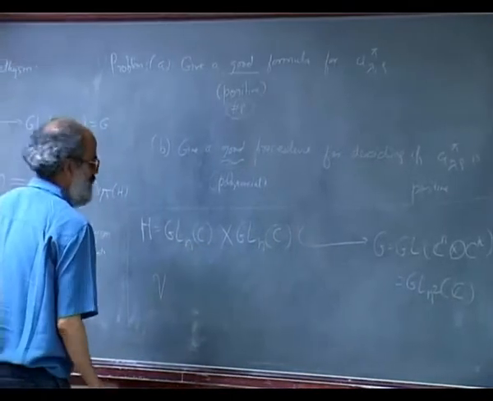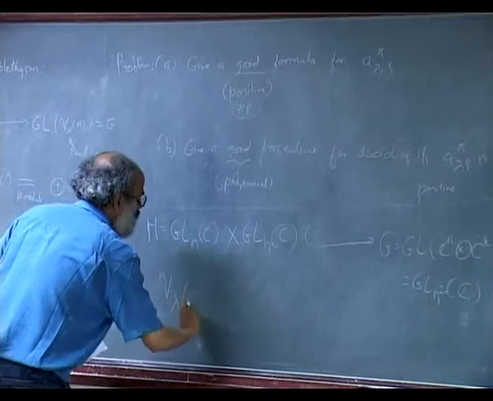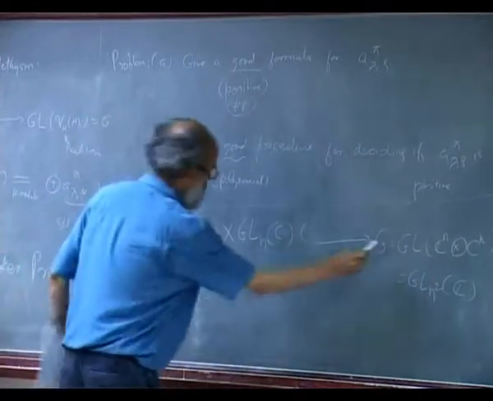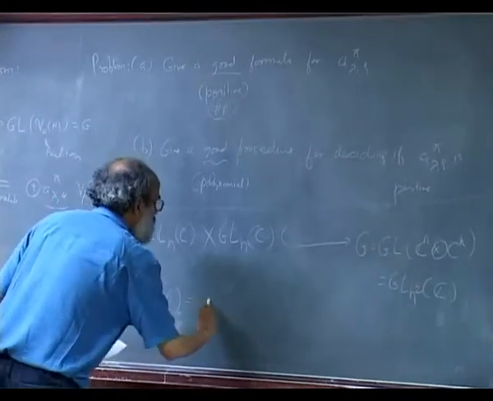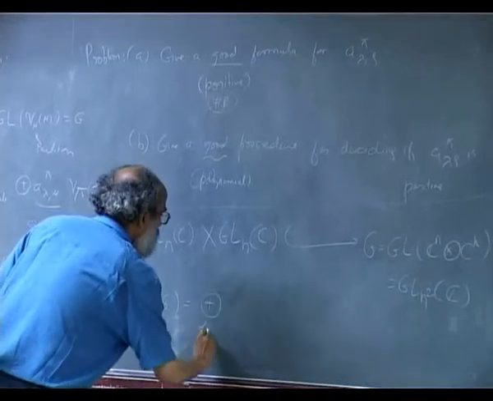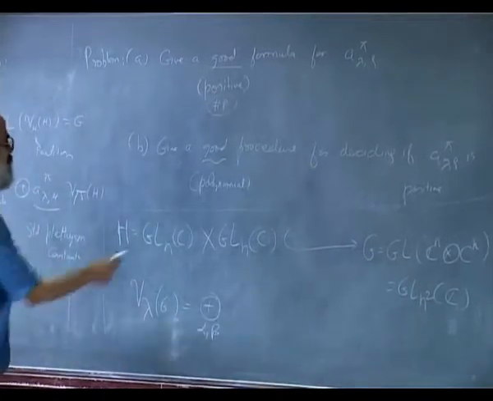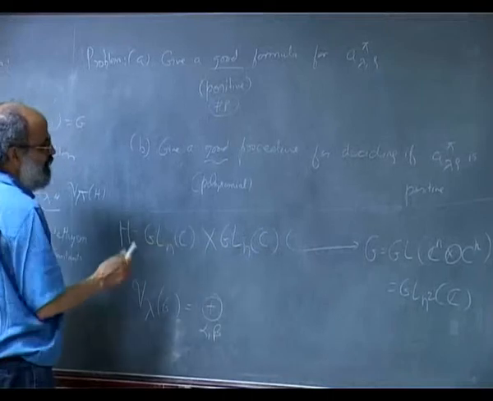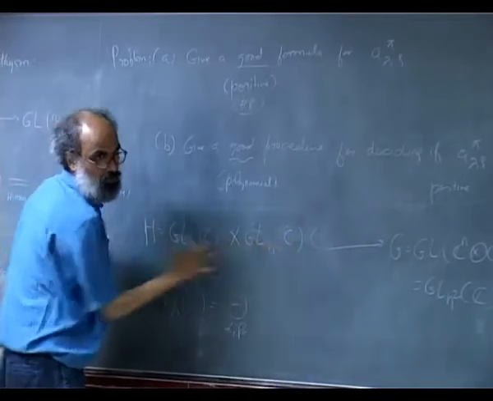So just take the natural embedding of H equal to GL_n C cross GL_n C inside GL_{n^2} C, and then again if you take any V_lambda of G, all the irreducible representations of H are now the tensor products of Weyl modules, right?